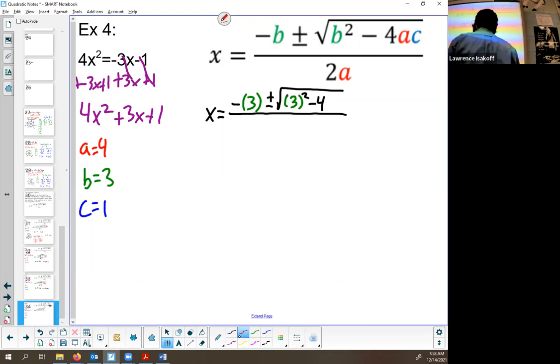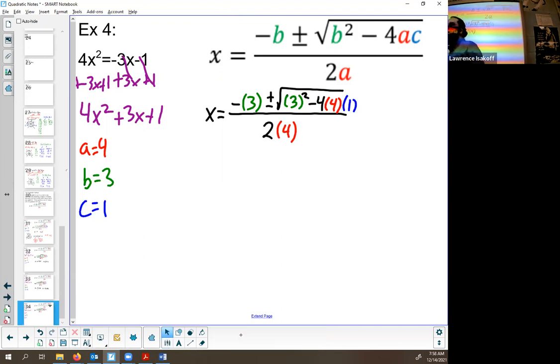What's my A value again? Times my C value, which is all over 2 times again that A value of 4. Yep, it's right here.